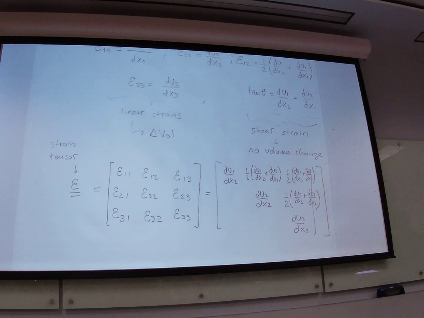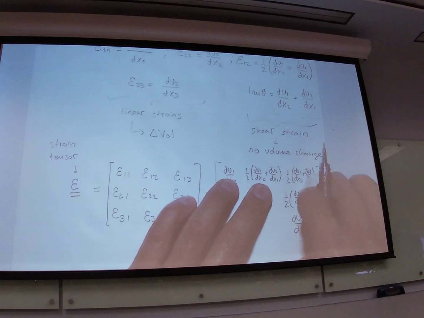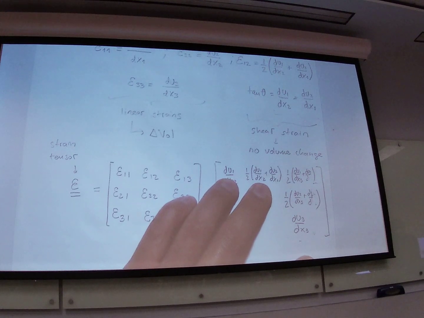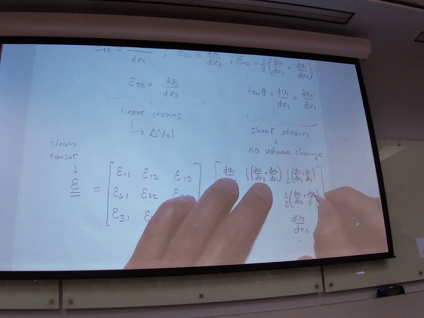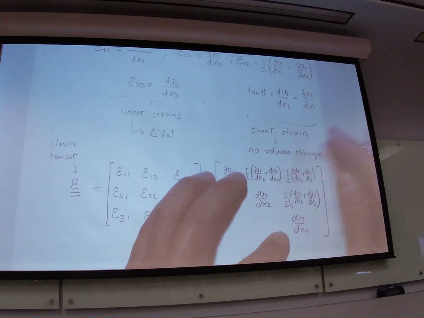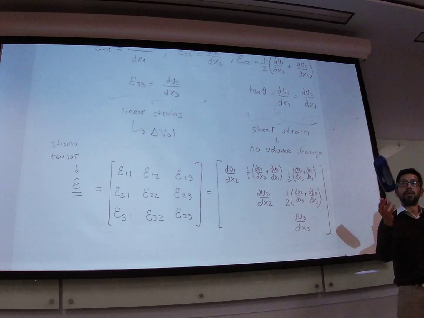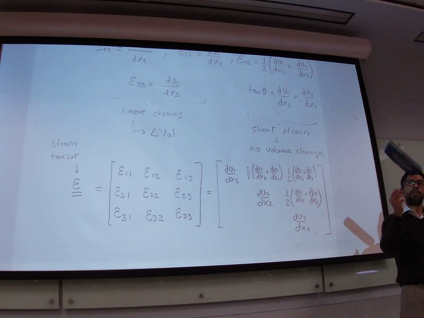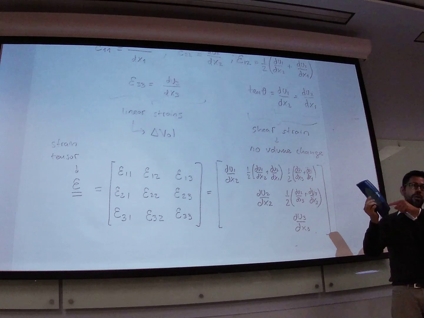So this is going to be our strain tensor. The important thing here that you remember is that these deformations are linked to changes of displacement in space. And it's not the same as just displacement, because, for example, I could throw this eraser on the Earth, and it's displacing, it's rotating, but there are no strains in it, because the distance between, say, this point and this point is always the same, right?